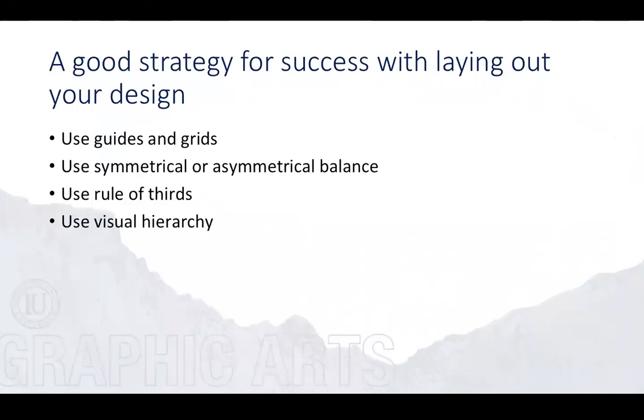Next, visual hierarchy. Visual hierarchy allows you to scan a design and grab the information that you need from it without having to read every single word in that document. Now, imagine if you're opening up a novel, all of the text in that novel is going to be exactly the same size, right?